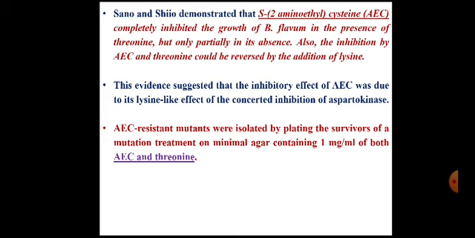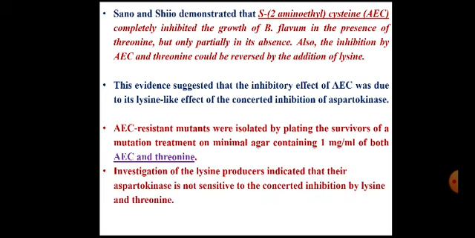Therefore, AEC analog resistant mutants were isolated by plating the survivors of mutation treatment on minimal agar medium containing AEC and threonine. Whatever organisms grow on this medium containing AEC and threonine will be possible AEC resistant mutants and possible overproducers of lysine.